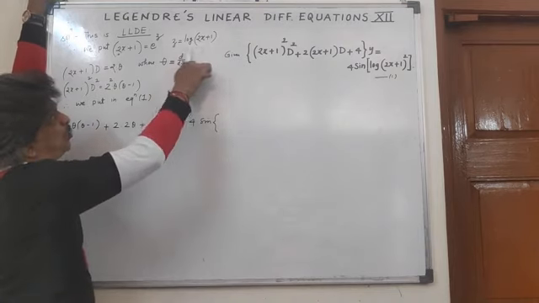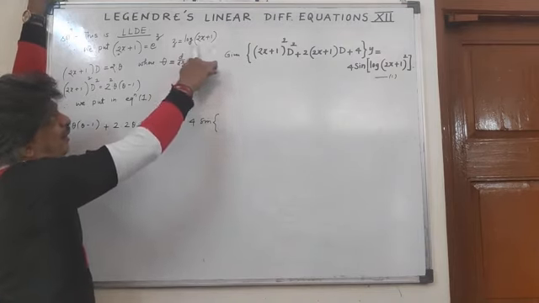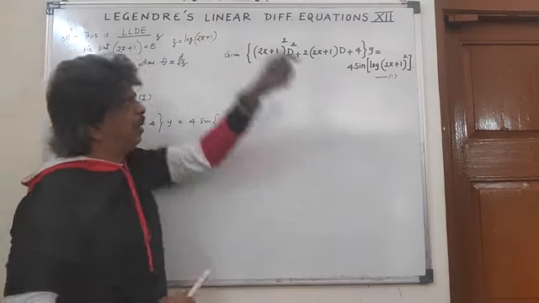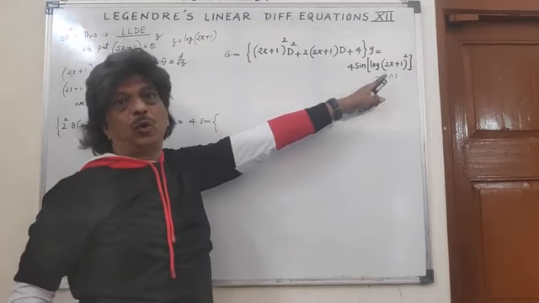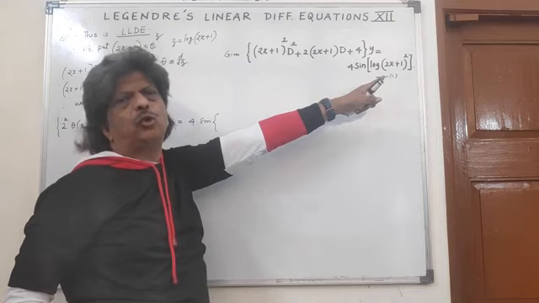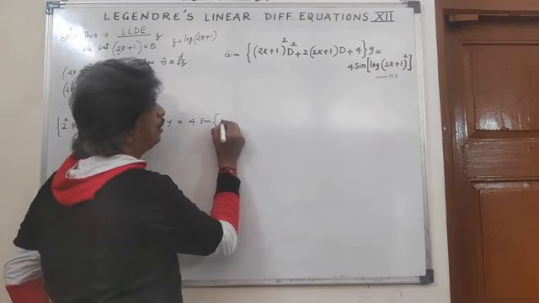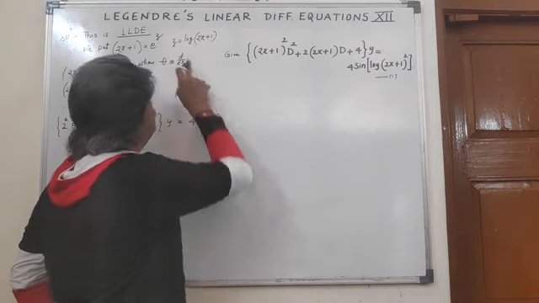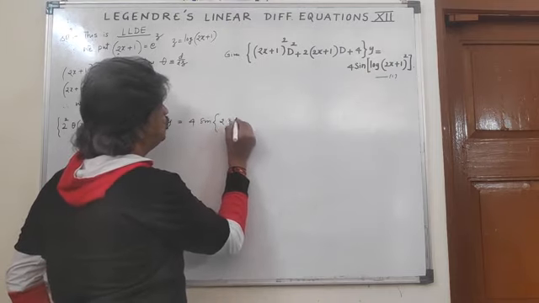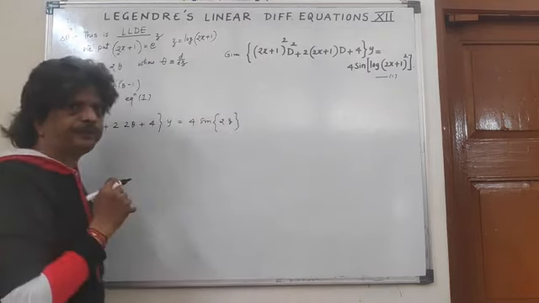What is log of 2x plus 1? It is z. Now, see here. Log of 2x plus 1 whole square also means 2 times log of 2x plus 1, so it is 2 times z. So simply it is sine of 2z.